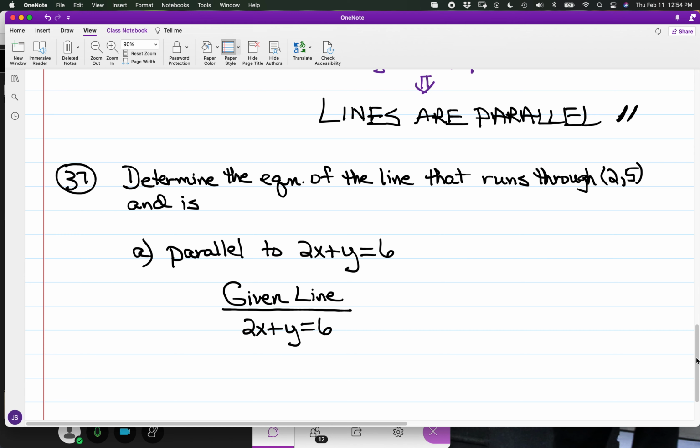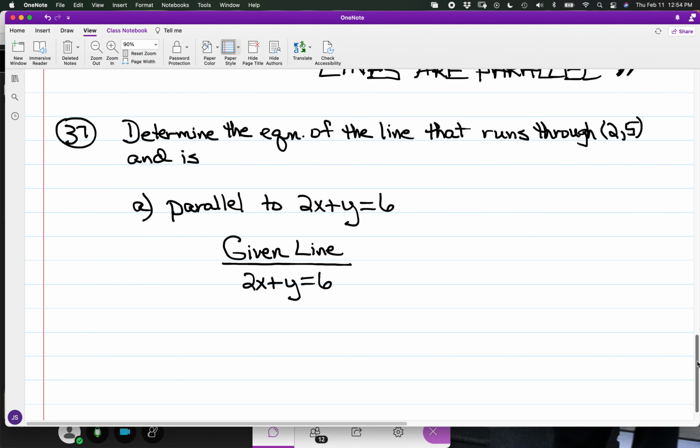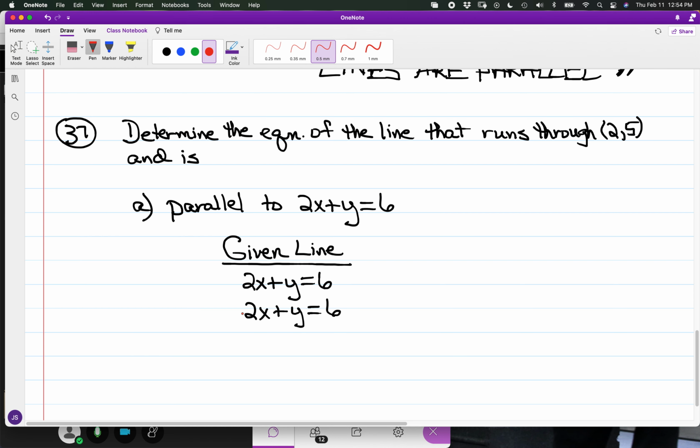If I rewrite this in slope-intercept form, taking 2x away from both sides, we have y is equal to negative 2x plus 6.